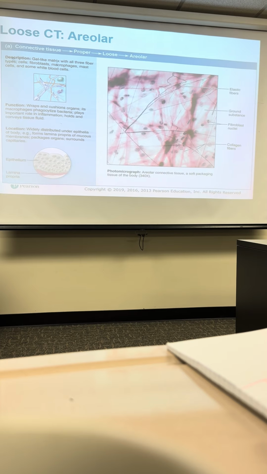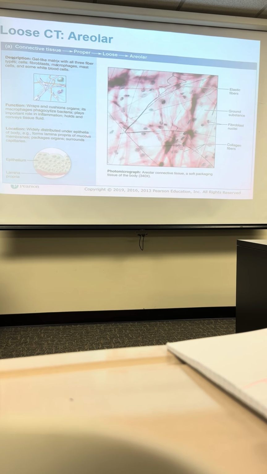So what type of cells do they usually have? They can have the fibroblast. What type of fiber do they have? They have the thick collagen fiber. All these dark purple, these are all the elastic fiber. Every time you see the dark purple and a little bit thin, that is the elastic fiber. So where do you usually find them?